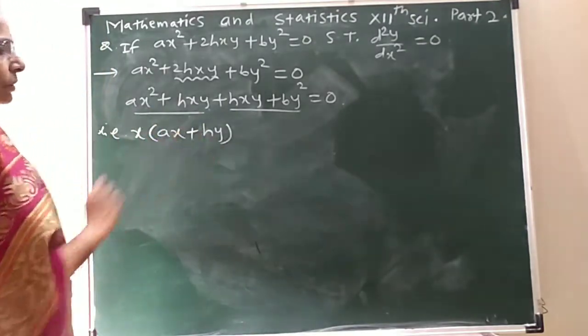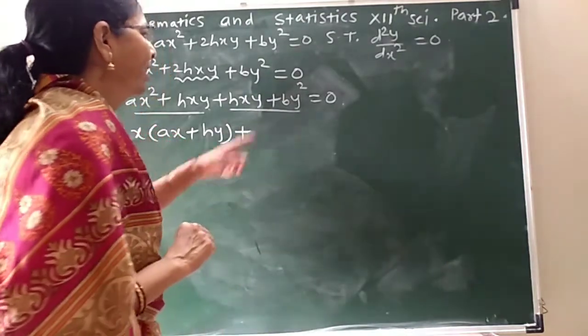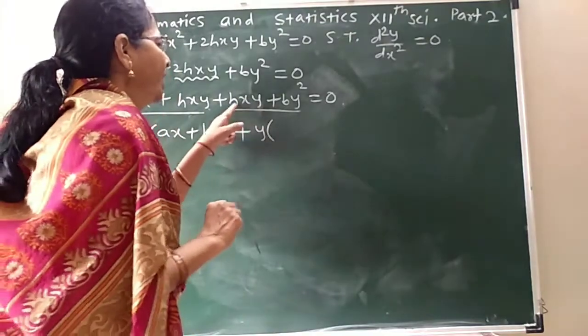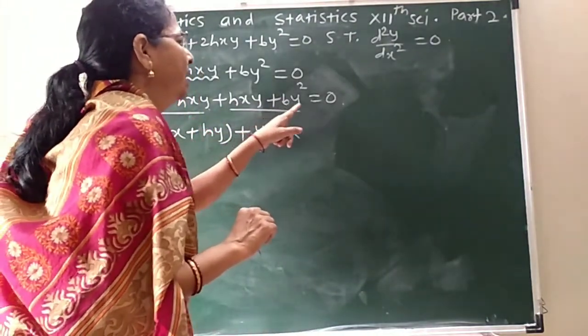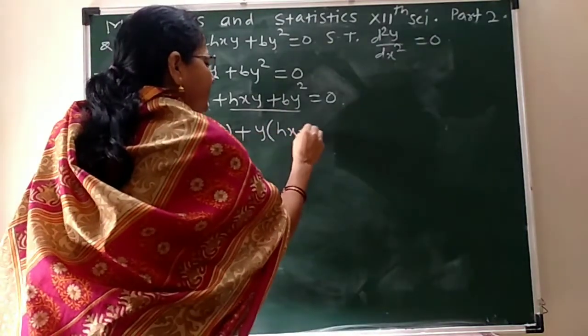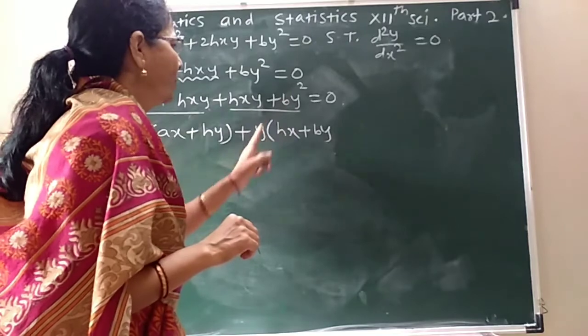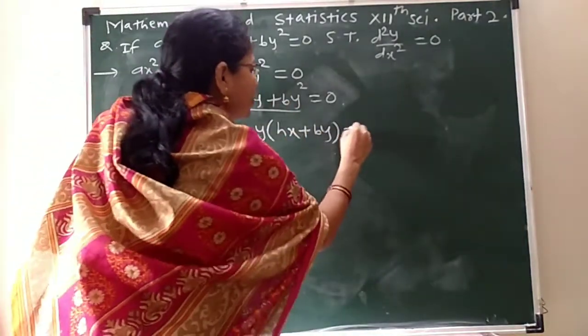In the second group, y is common, so we write plus y common, hx, b remaining, y. So y common, hx plus by is equal to 0.